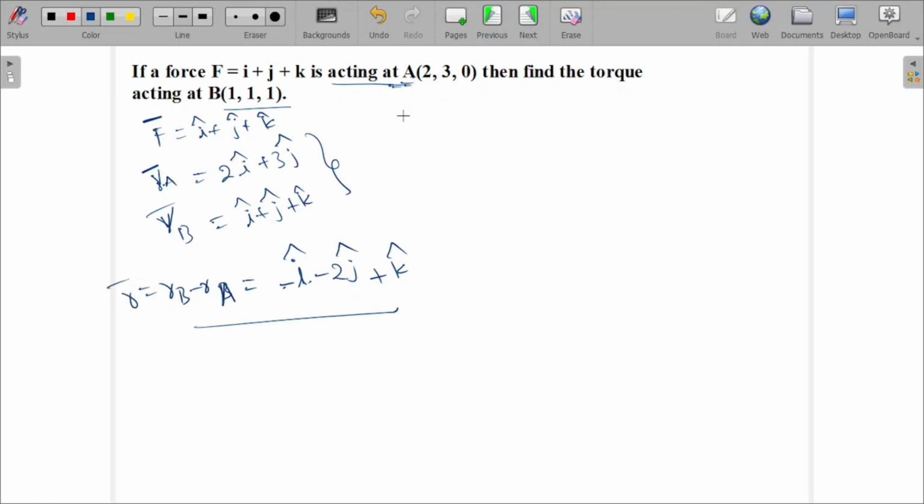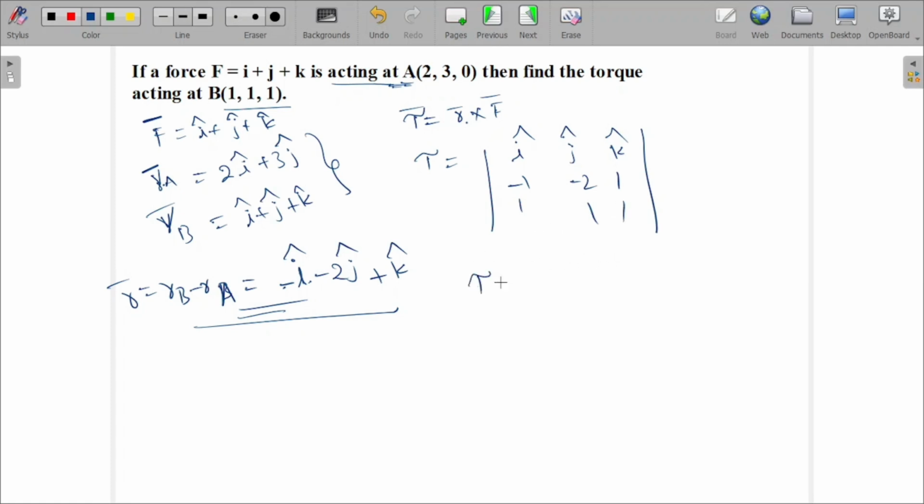What about torque? What is the formula for torque? Torque equals force into perpendicular distance. It will be written as a determinant of i cap, j cap, k cap, then R, which is minus 1, minus 2, 1, and F, which is 1, 1, 1.